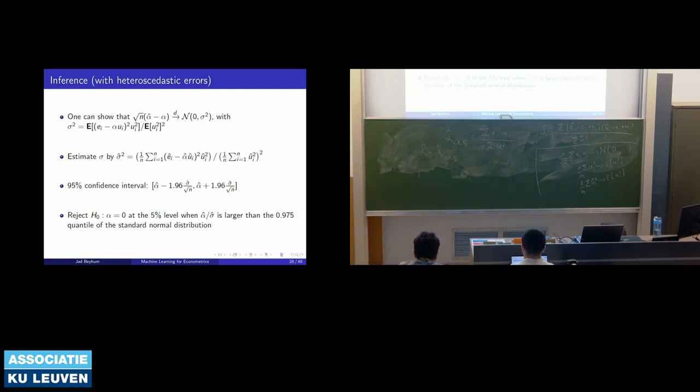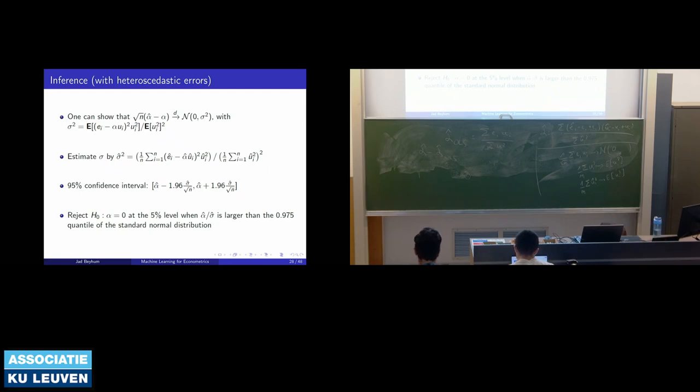So essentially, what you can show is asymptotic normality, as I said. You can show that the square root of n times alpha hat minus alpha converges in distribution to a normal 0 sigma square, where sigma square is the expectation of (E_i minus alpha U_i) square divided by the expectation of U_i square, all squared.